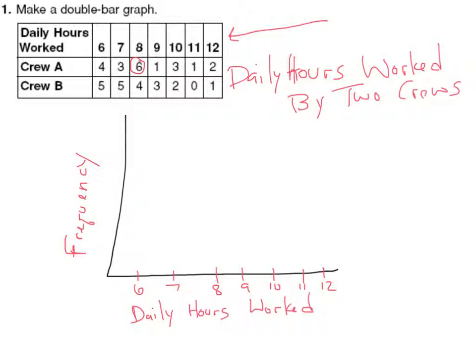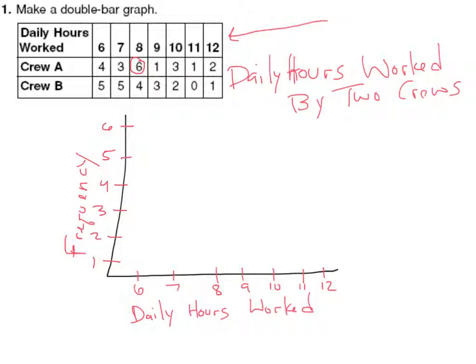It goes up to 6. So I start at 1 and I go 1, 2, 3, 4, 5, and then 6. I go all the way up to 6 because that's my highest frequency. That frequency stands for basically how many days they work these daily hours.